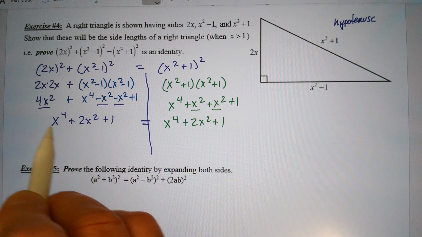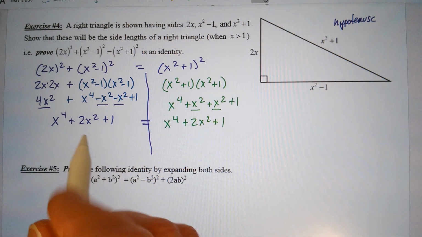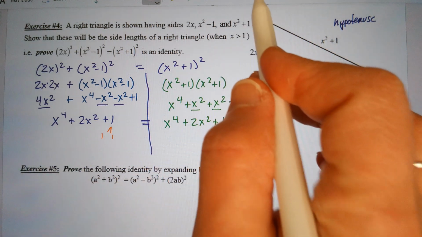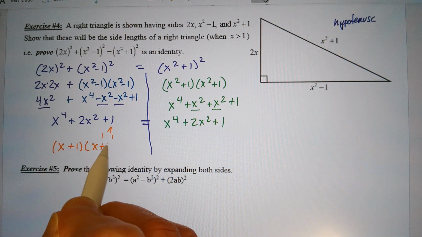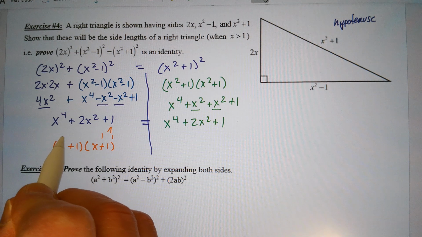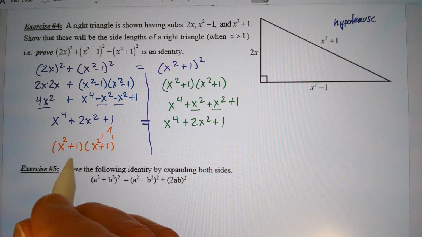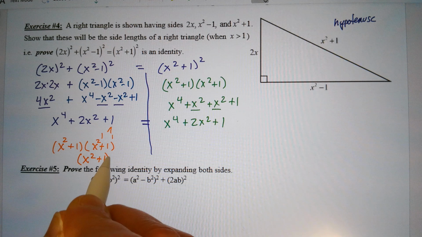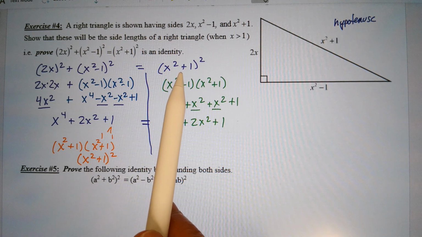If I take this trinomial, the factors of positive 1 that sum to 2 are 1 and 1, so this would be equivalent to x plus 1 times x plus 1. But we have an x to the 4th, so it's really x squared plus 1 times x squared plus 1, which can be rewritten as parentheses x squared plus 1 squared, in which case the left-hand side would be identical to the original right-hand side.